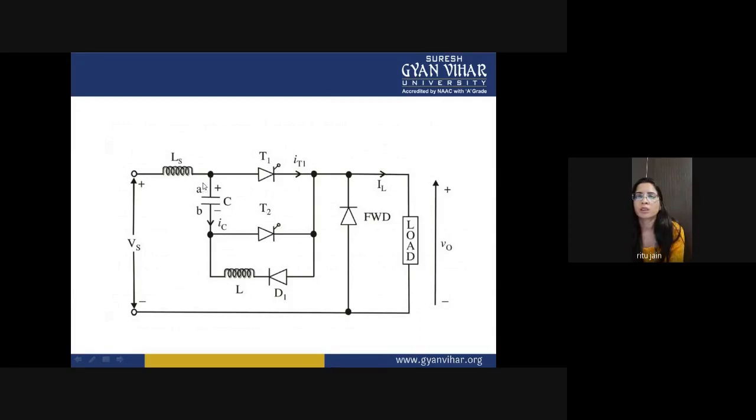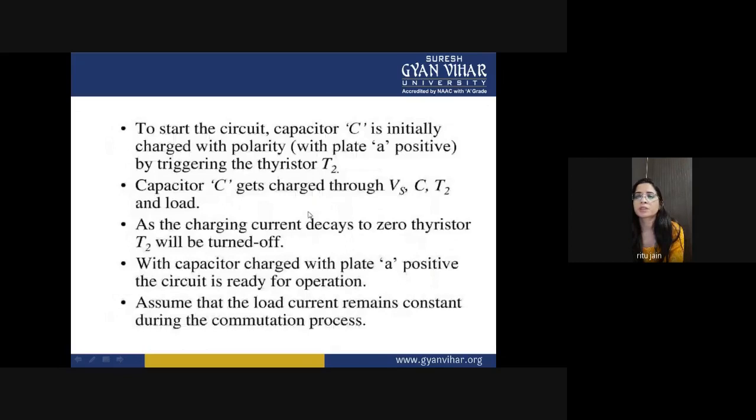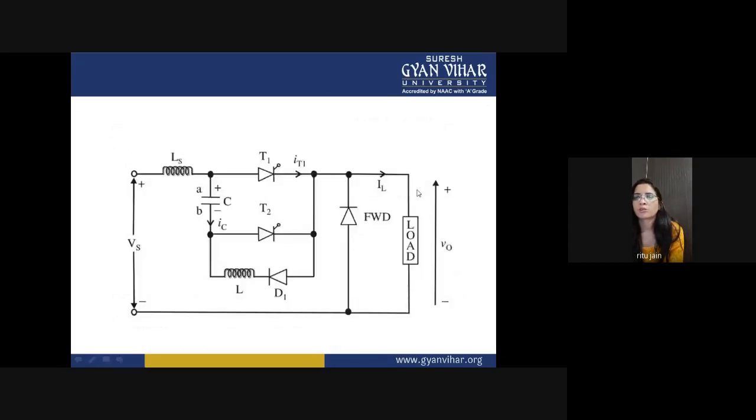So you will see that the A terminal will be positive and B plate will be negative of the capacitor. Now, capacitor C gets charged through Vs, Ls and T2 and load. So when you turn on this SCR, then the capacitor will start to charge through this loop. You can see Vs, Ls, capacitor C, T2 and your load.